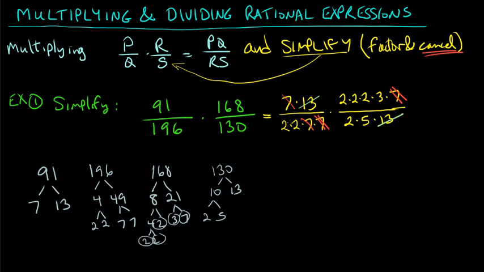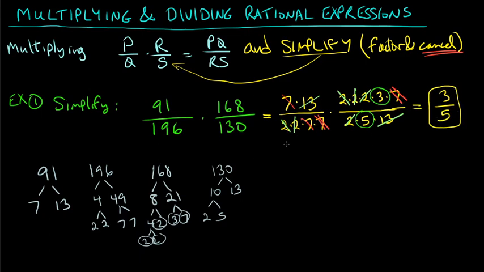And a whole bunch of 2's: this is 2 divided by 2, this is 2 divided by 2, this is another 2 divided by 2. And I think we're done. I don't think there's anything else that cancels. So all that's left in the numerator is a 3, and all that's left in the denominator is a 5. So this reduces to 3 over 5.